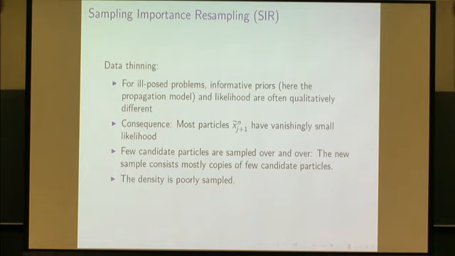It gets very lonely for the good particles after a while, because in particular for ill-posed problems, it's not uncommon that the propagation model, which is our prior essentially, what we're doing here is expressing what we know by stating how these particles propagate, and the likelihood may be rather orthogonal to each other in some way.